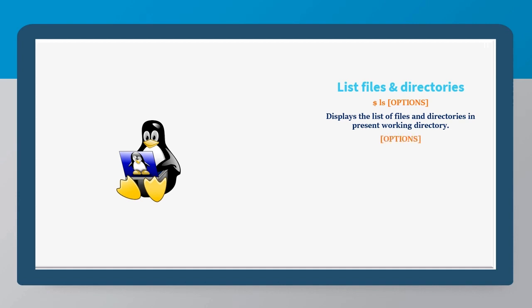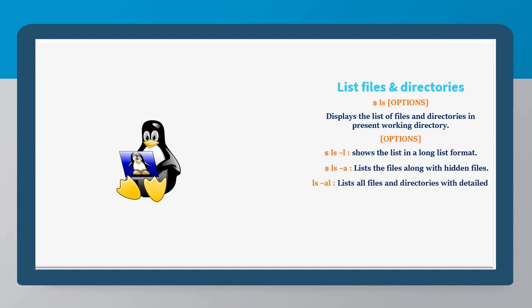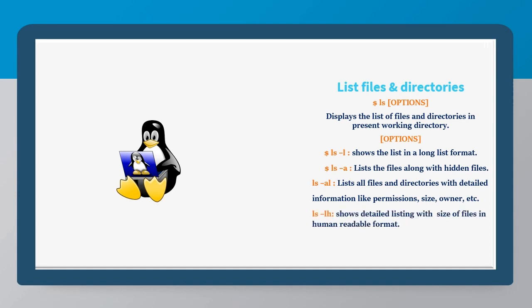There are multiple options, but we will discuss a few commonly used ones. ls -l shows the list in a long list format. ls -a lists the files along with the hidden files. ls -al lists all files and directories with detailed information like permission, size, owner, etc. ls -lh shows detailed listing with size of files in human readable format. ls -ltr gives a long listing of files sorted according to modification time in reverse order.